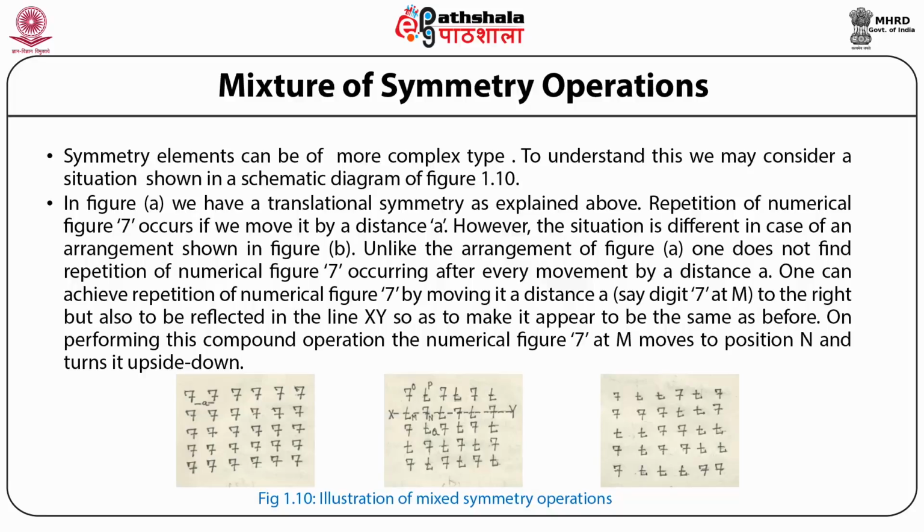One can achieve a repetition of numerical figure 7 by moving it a distance A, say digit 7 at M, to the right, but also reflecting it in the line XY so as to make it appear the same as before. On performing this compound operation, the numerical figure 7 at M moves to position N and turns upside down.